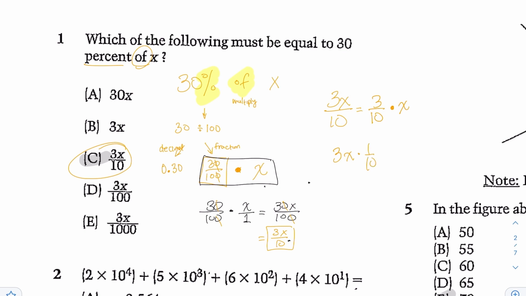All of these are the same thing if you just simplify the fractions. So just know that there are a couple ways to write this expression. The most common way will be 3x over 10, or you can also have 3/10 of x, where you don't even write the multiplication symbol, but they both are equivalent. So the answer is choice C for number 1.